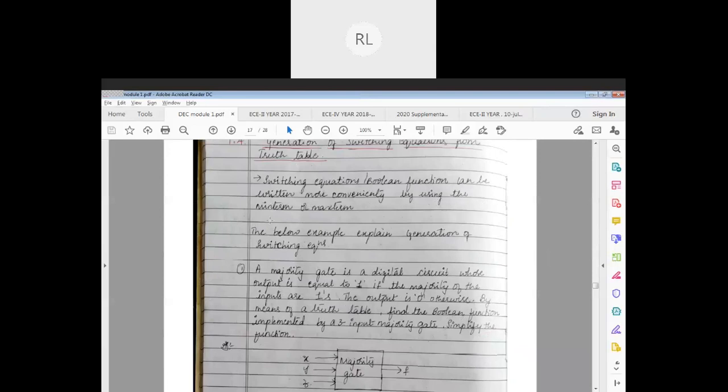Switching equations or Boolean functions can be written more conveniently by using the minterm or maxterm. Now we are very clear with this. Any truth table given to us, we can either pick up ones and say that these are the minterms, or we can pick up zeros and say these are the maxterms.